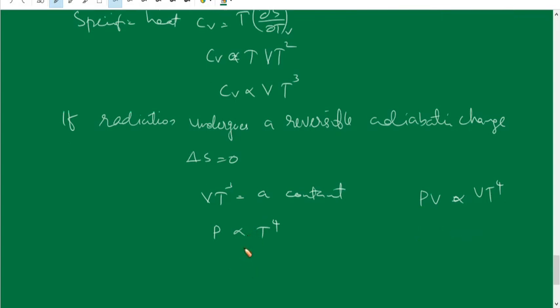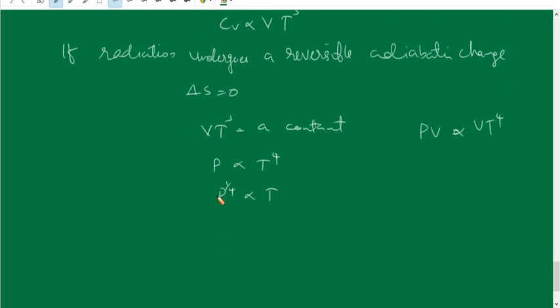Therefore, P raised to 1 by 4 is proportional to T. Substitute here in this expression: V T cube, instead of T raised to 3, we can put P raised to 1 by 4 raised to 3.